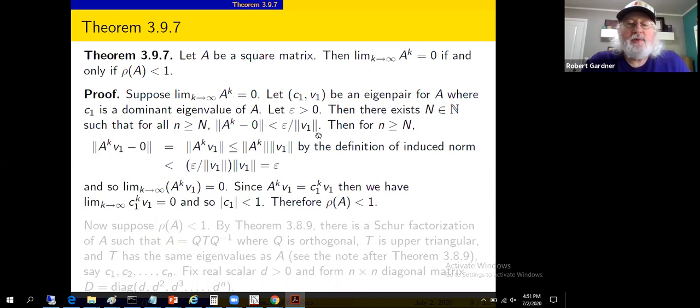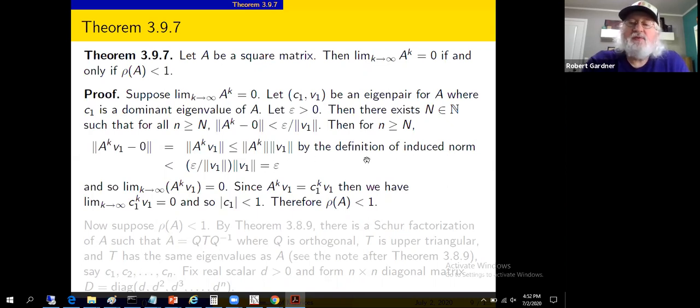All right, well, here's the reason we did that. For values of the index n sufficiently large, we have the norm of A to the k v1 minus 0. That's just the norm of A to the k v1, so we can drop the 0 stuff and keep the norm stuff. This is less than or equal to the norm of the matrix A to the k times the norm of the vector.